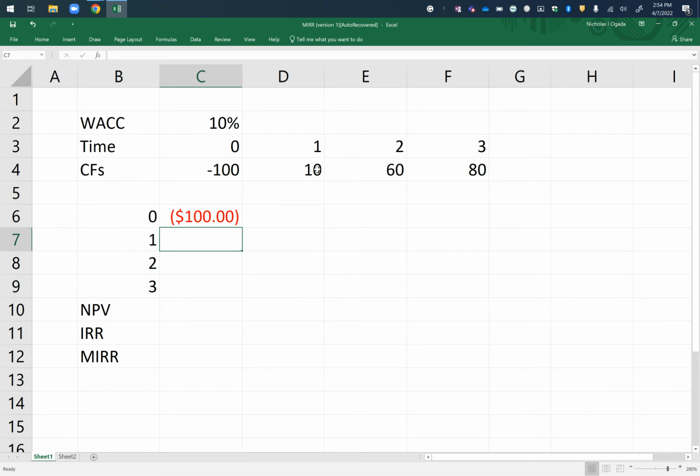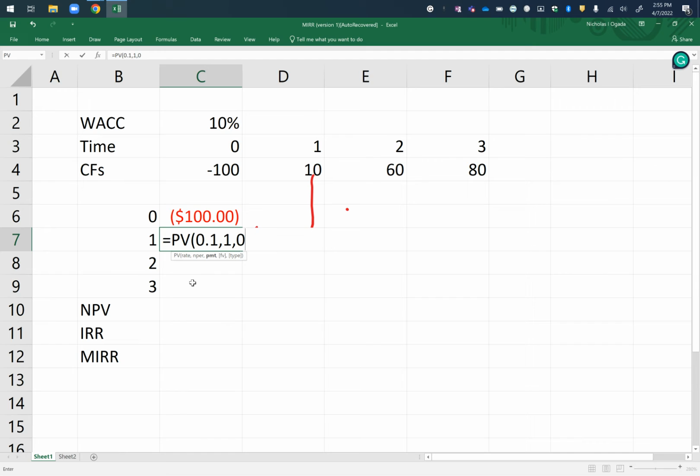How about the present value of $10 to be received one year away? We find the present value of the $10. Remember, our cost of capital is 10%, and this $10 is to be received one year away, and therefore your N is 1.